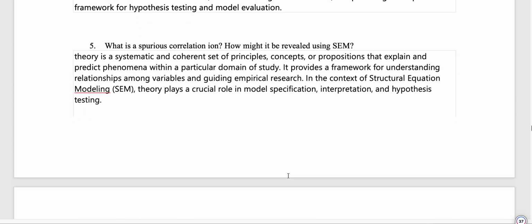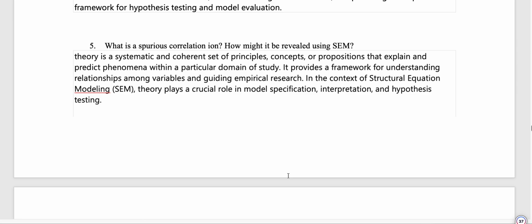Let's talk about question 5: what is theory, and how is it represented using structural equation modeling? Theory is a systematic and coherent set of principal concepts or propositions that explain and predict phenomena within a particular domain of study.